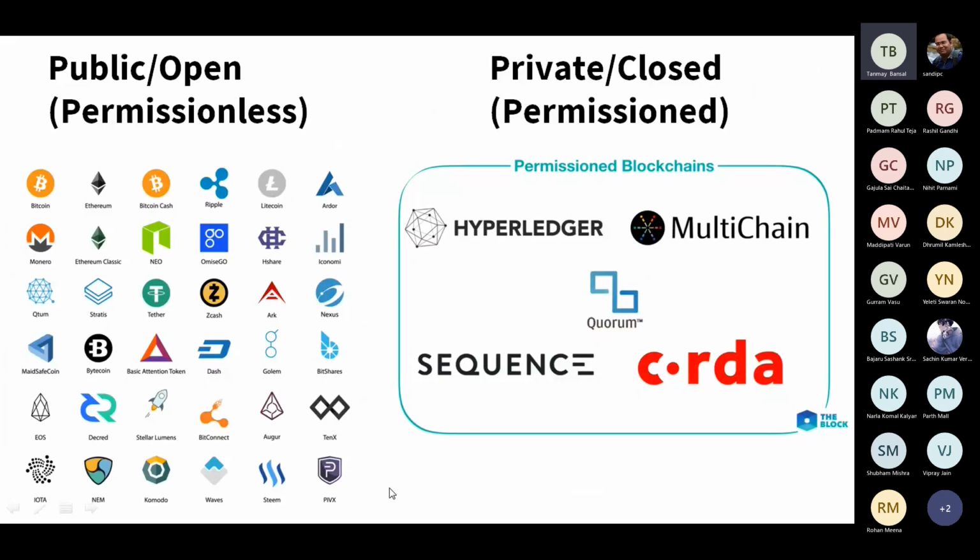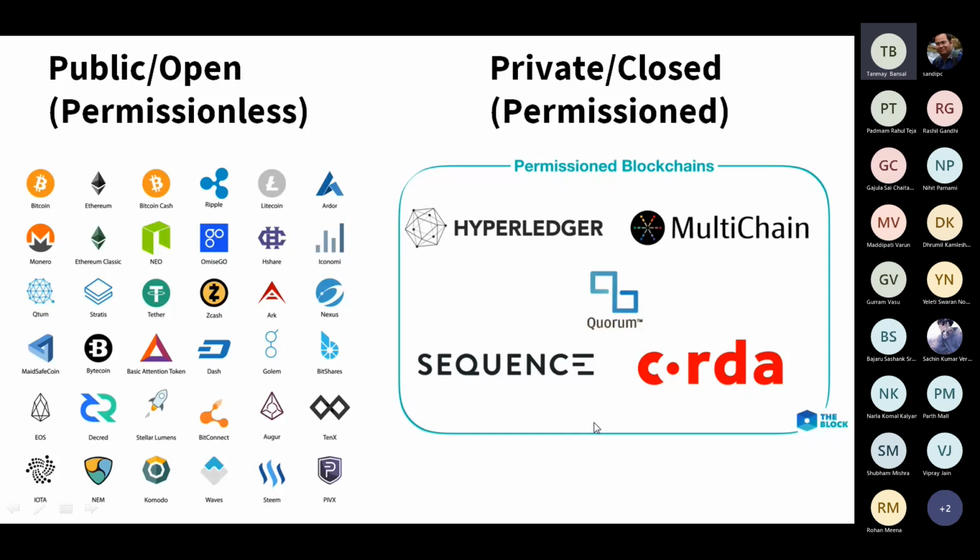Now, this is again a very quick glimpse of the various types of blockchains that we have, of course, starting with Bitcoin and Ethereum, and then there are, say, hundreds of such possible blockchains. And on the right-hand side, we also show the private or closed permissioned blockchains like Hyperledger, Corda, and so on.